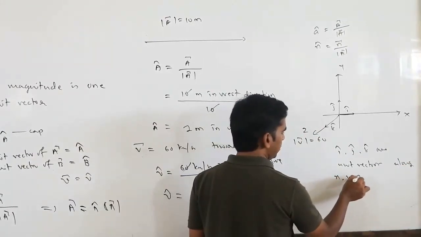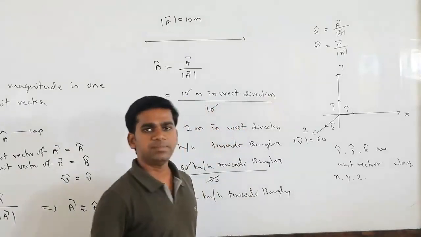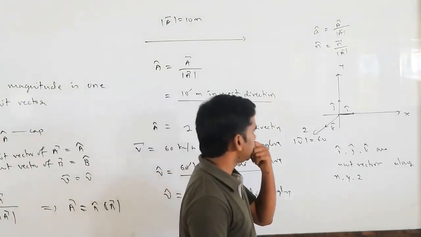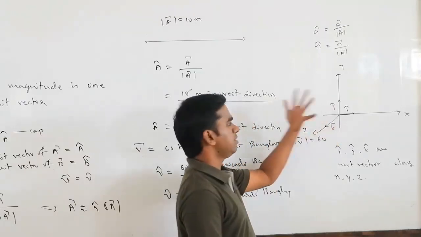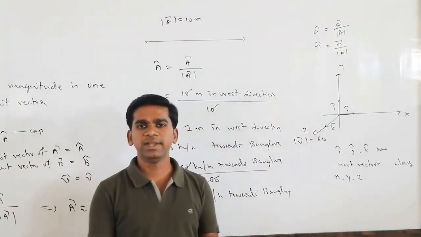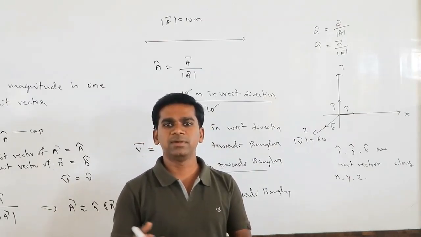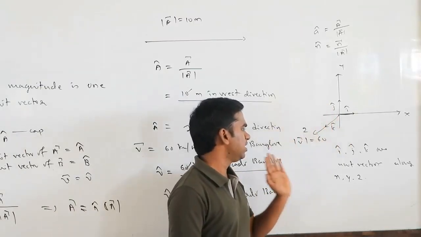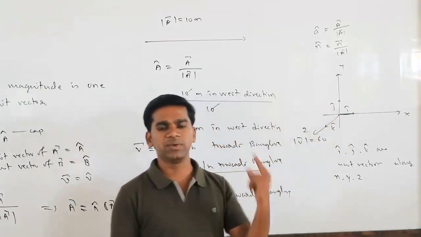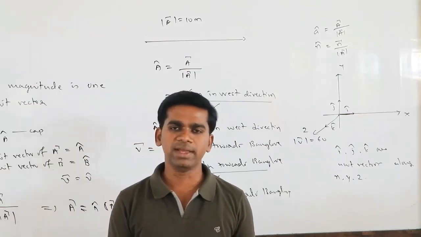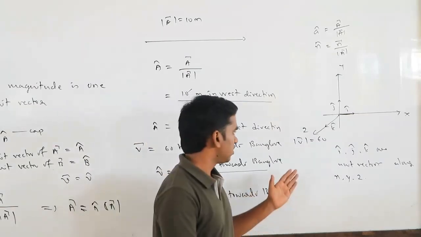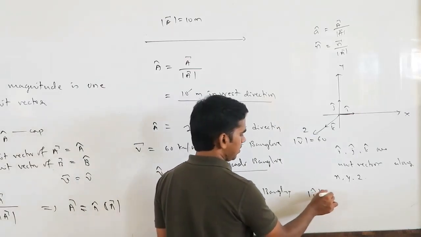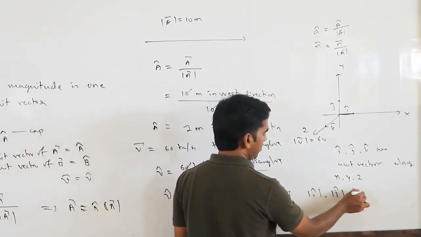Then you may ask, why i cap, j cap, k cap only? You can take l, m, n, whatever, that depends on you. The standard we are using is i cap, j cap, k cap. i cap is always along x, j cap always along y, and k cap always along z.